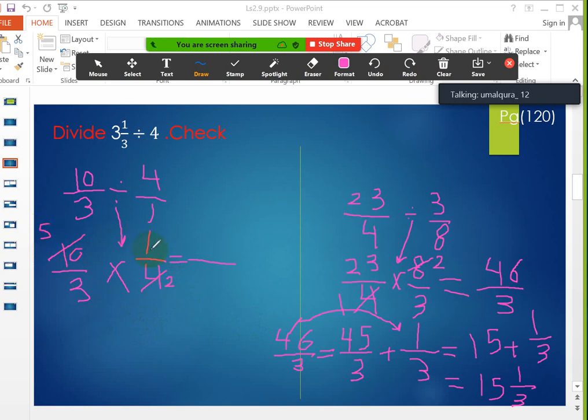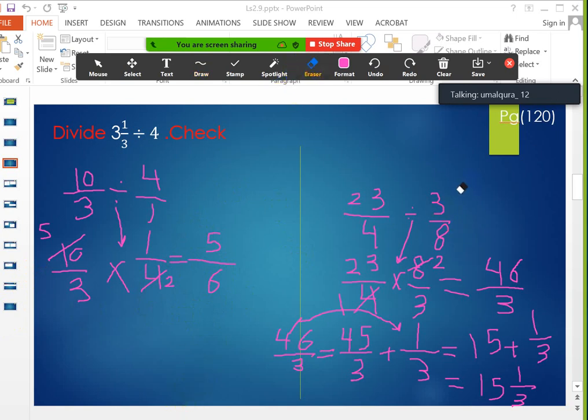Now let's find the answer. 5 multiply 1 equals what? 5. Very good. 3 multiply 2 equals what? 6. Very good. Thank you so much, Farah. So this is the answer, 5 over 6. Of course, the answer in the simplest form.